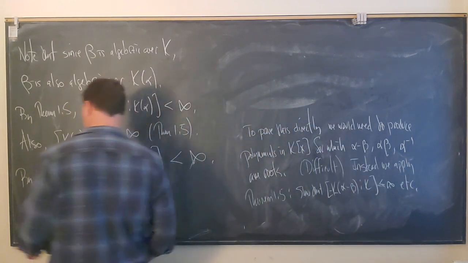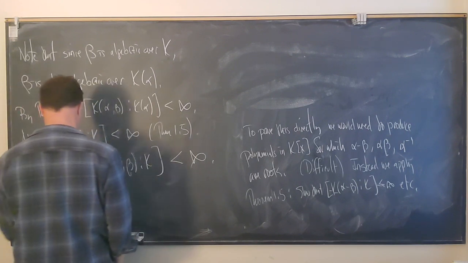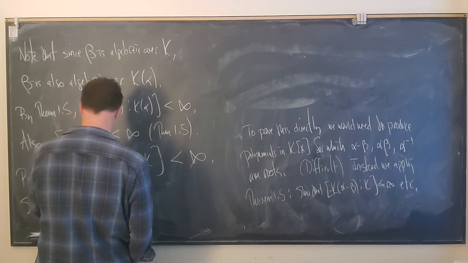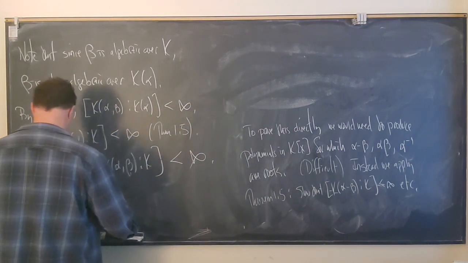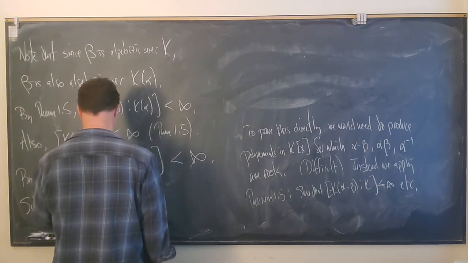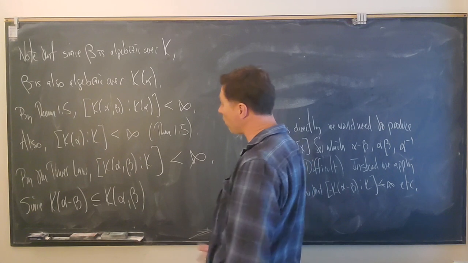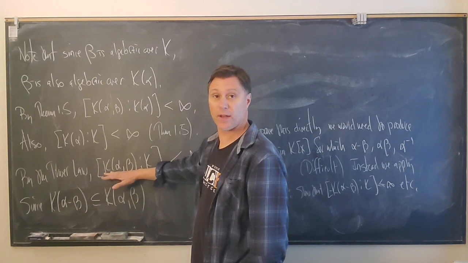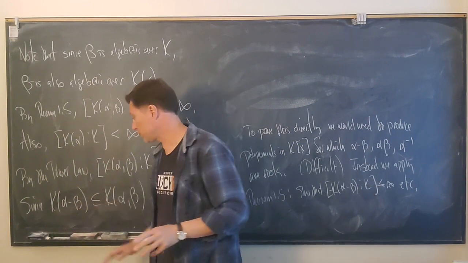So now notice this. Since alpha minus beta is an element of K adjoin beta. Oh, no, in fact, let me say it different. Let me say it better. It actually goes like this. Since K adjoin alpha minus beta is a subset, so now what we have, this is a finite dimensional vector space, which forces K adjoin alpha minus beta to be a finite dimensional subspace.